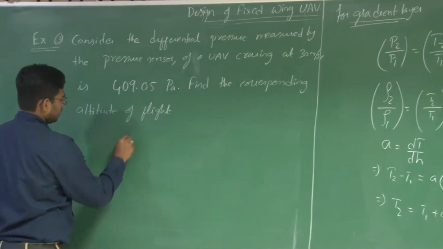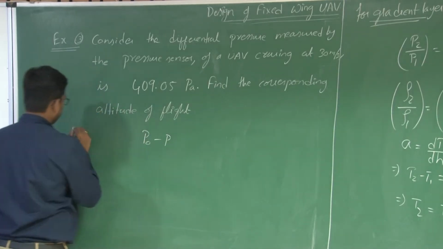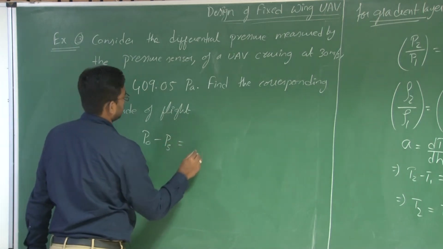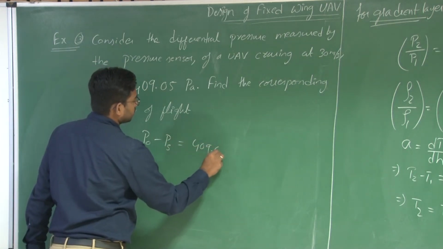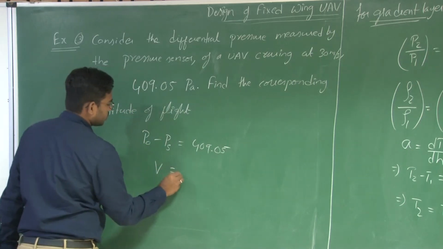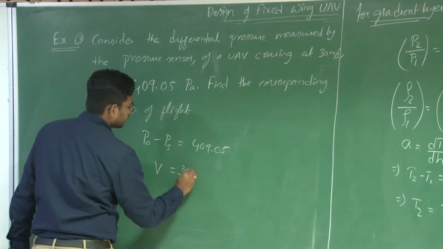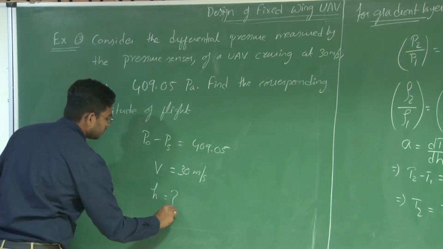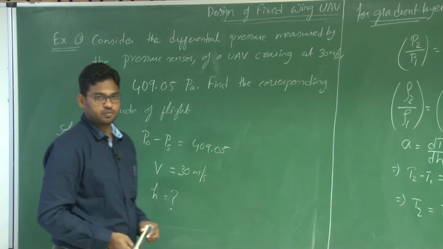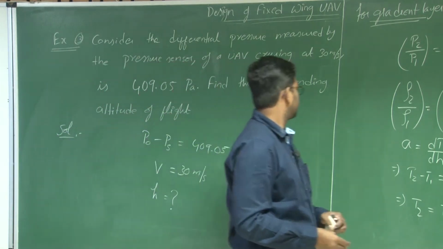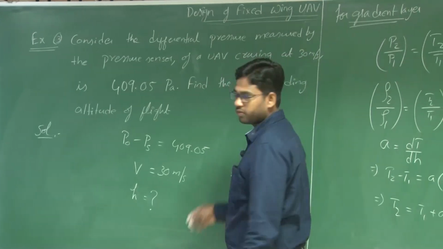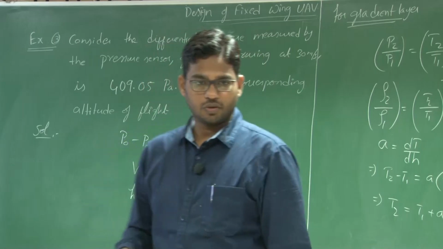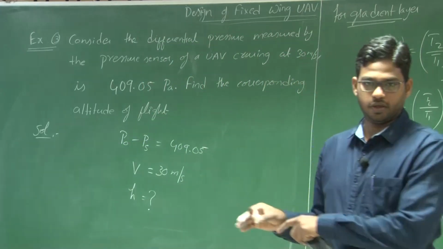The question is clear here. We have P naught minus Ps equal to 409.05, and the cruise velocity is 30 meters per second. Now you need to find the altitude at which you are flying. So let us constrain ourselves: all the examples that we are going to solve are for the gradient layer up to 11 kilometers. Even commercial aircraft fly up to 11 kilometers.